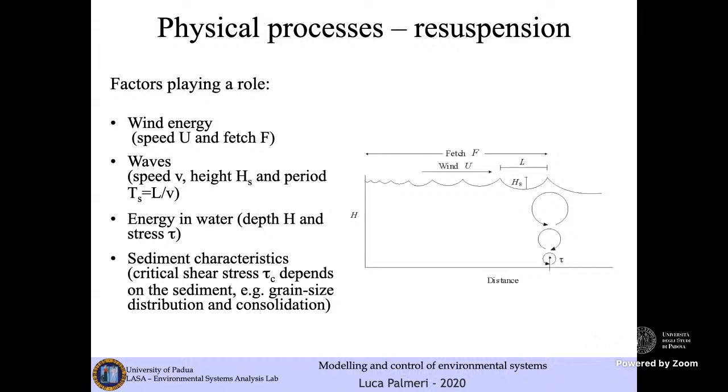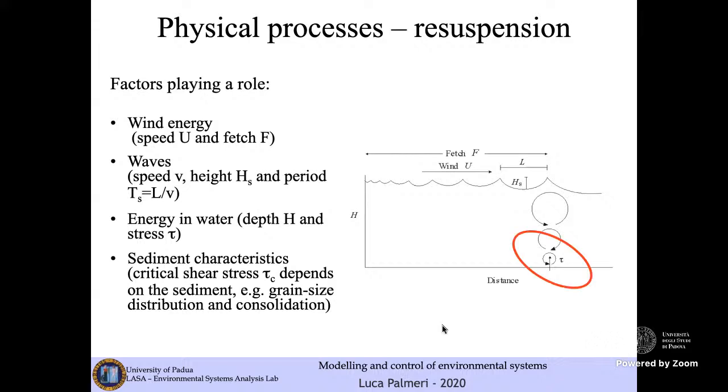So we may say that gravel resuspends less than sand, for example, but also the consolidation degree of the sediments. We may say that sand resuspends more easily than clay, for example, because sand is in general less consolidated than clay in terms of water content.